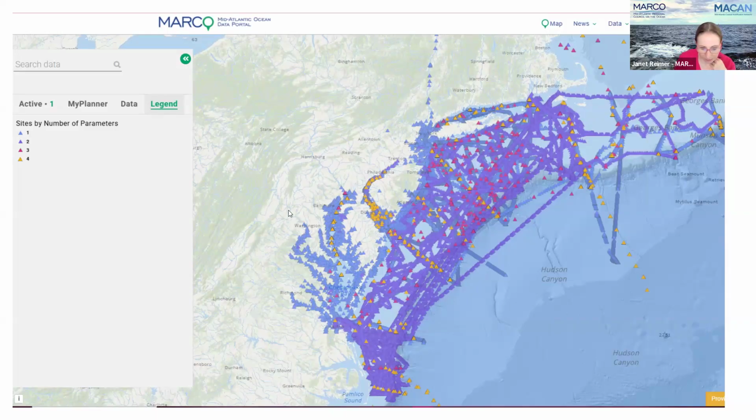Around the Chesapeake Bay watershed, we have lots of measurements up into the rivers. This map doesn't tell you which parameter it is, just that only one parameter was measured. Then the purple is where there are 2 parameters measured. The red is where there are 3, and the yellow is where there are all 4.